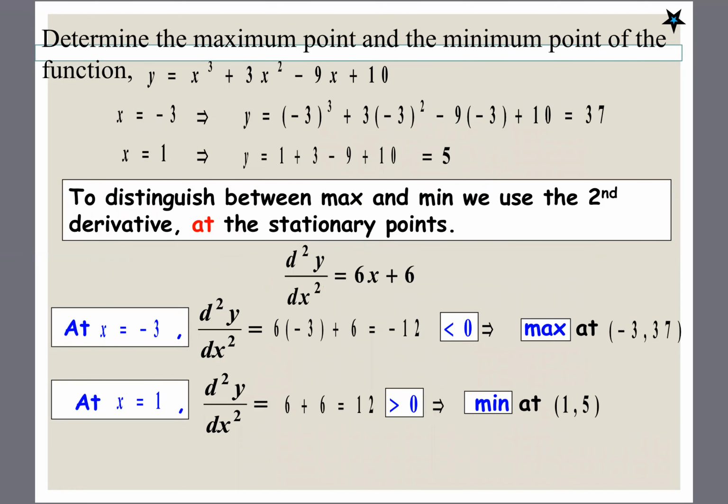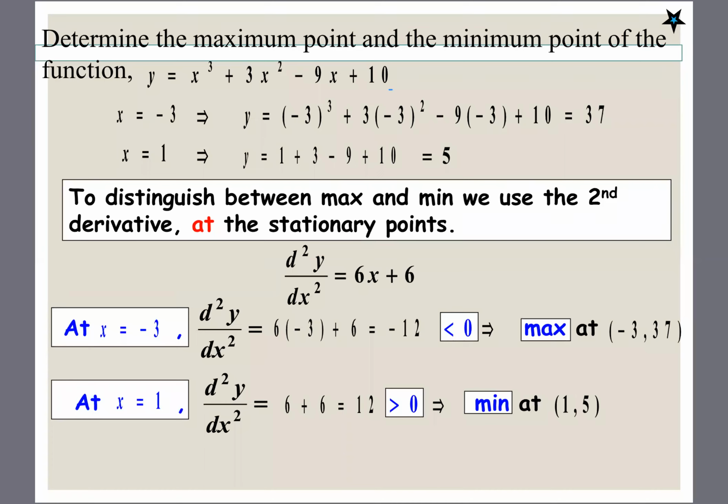I need another color. Okay, now I'll explain further. You can see this is our original function, the same function we already graphed: x cubed plus 3x squared minus 9x plus 10, right?